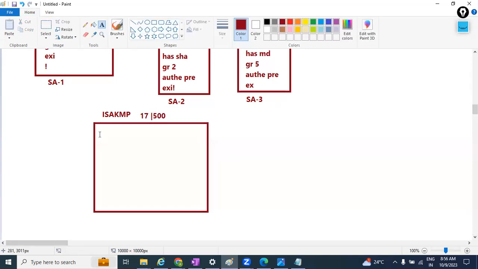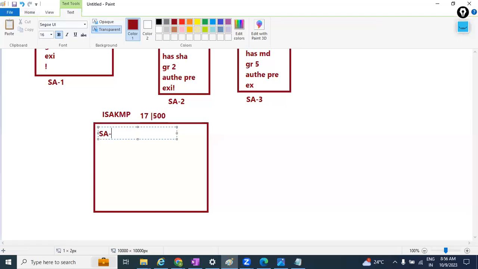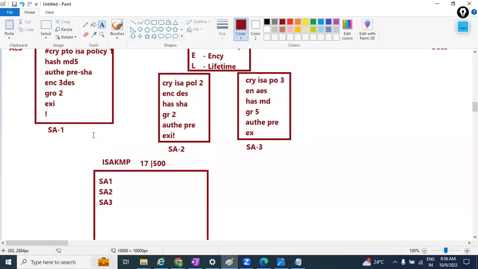Now, in this, they would send SA1, Security Association 1, the combination, whatever you have mentioned in the ISAKMP policies. Security Association 2, and then Security Association 3. So it would carry 3 pieces of information.